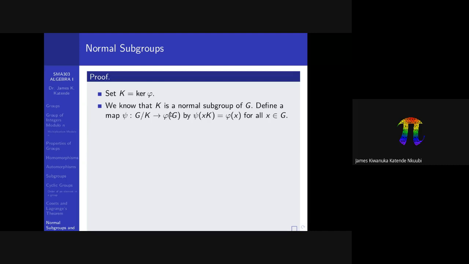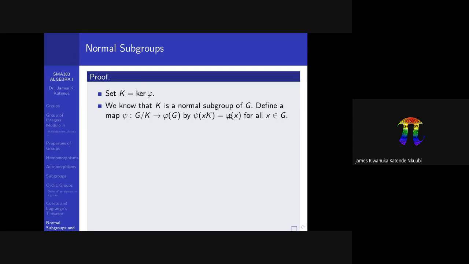So the image of the homomorphism will be represented by this. So the map is defined as you pick a left coset and you map it. So this new map, note the symbols are different. So this is psi and this is phi. So psi will pick a left coset xK determined by x and send it to the image of x under phi, for all x in G.